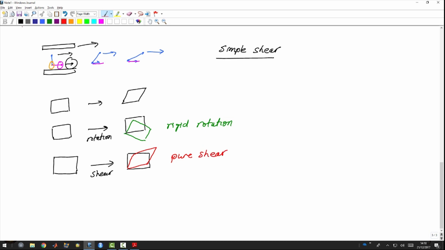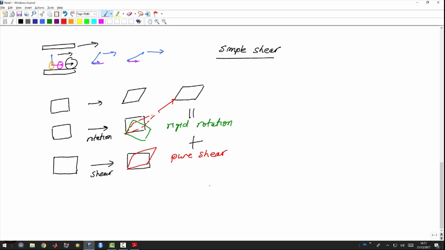Now if I add these two, then I get this. So basically, if rotation is there, and on top of this rotation I impose a shear, then I will get simple shear. So this plus this together will give me the simple shear that we see.